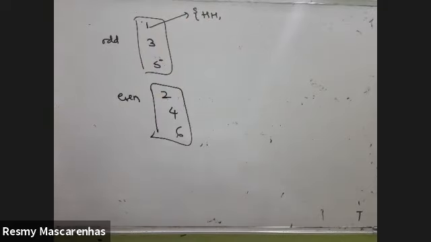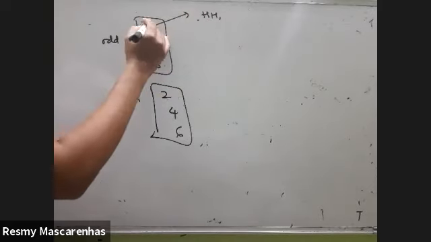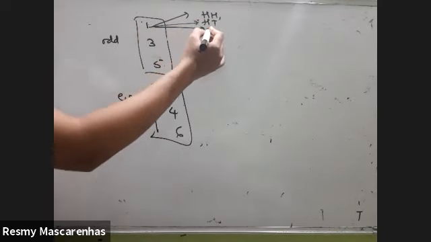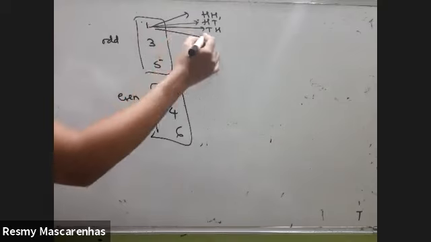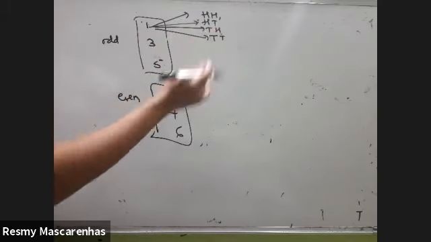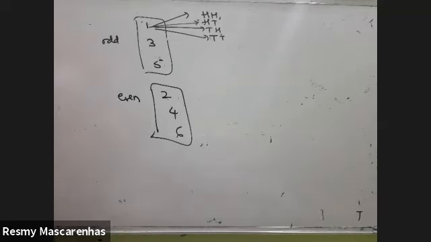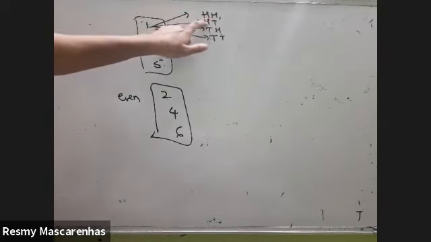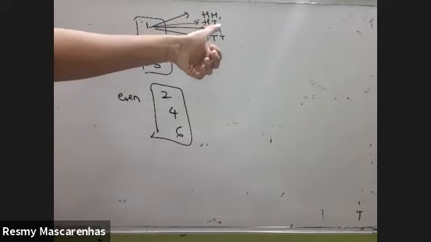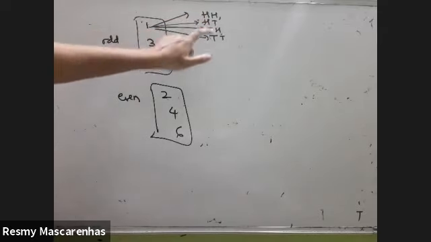Head, head, or it could be head, tail, tail, head, or tail, tail. So if you are throwing 2 coins, this can be the combination. If you got an odd number and you are throwing the coin 2 times, these possibilities can come.